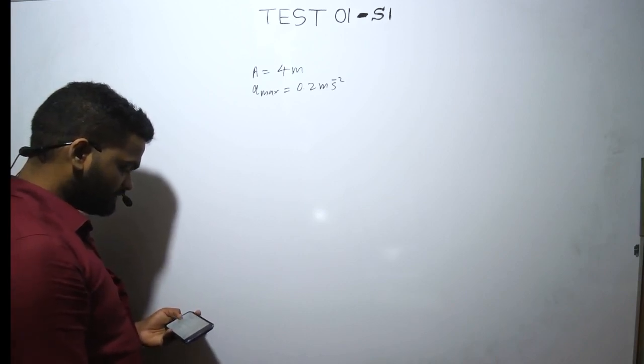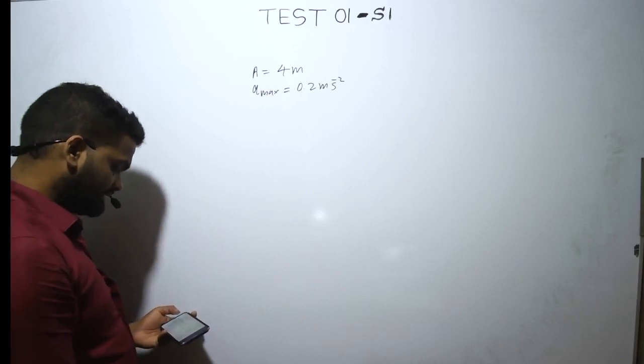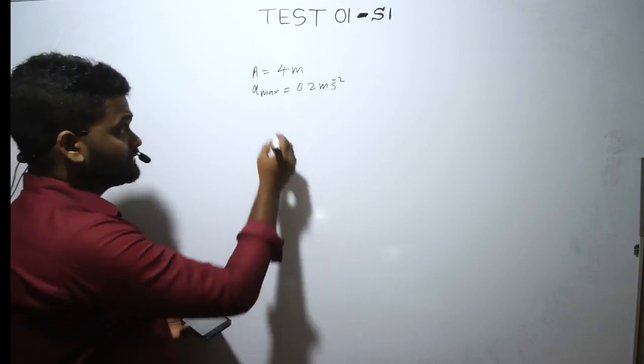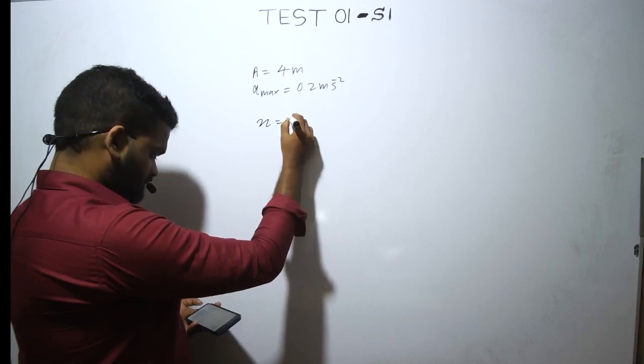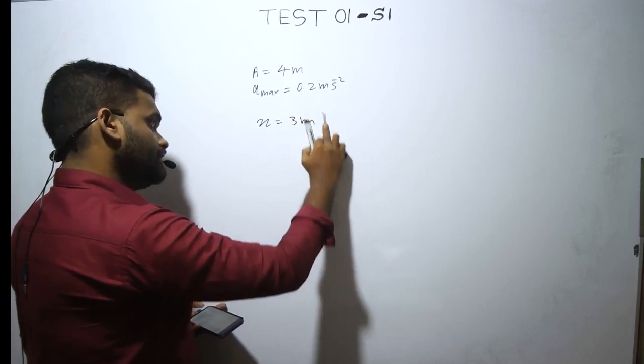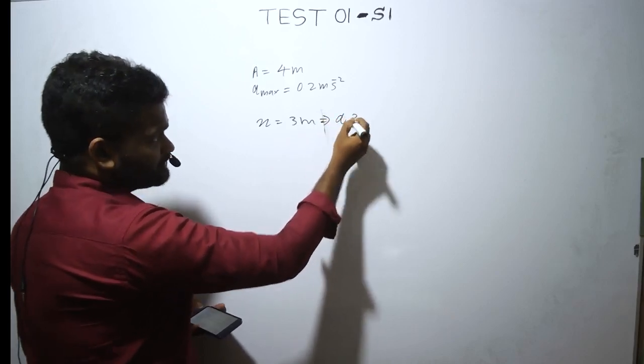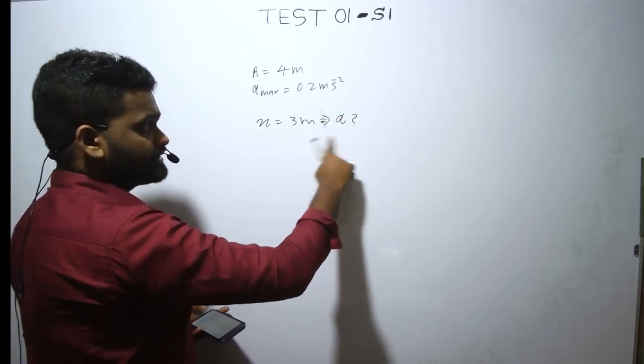A max is given, what they ask is acceleration when the displacement is 3 meters. When displacement is 3 meters, what they ask is acceleration. Not the maximum, right? It is acceleration.